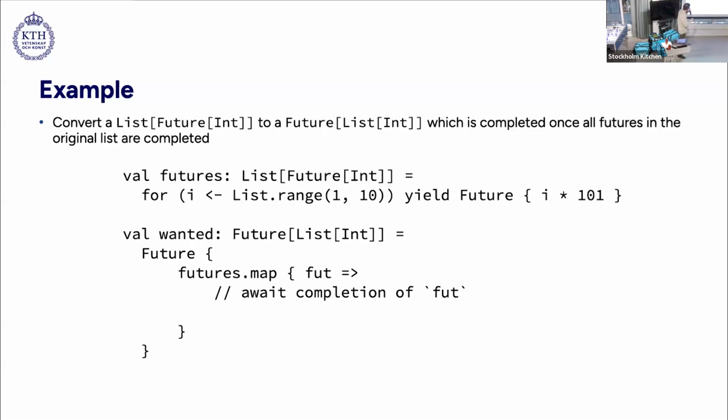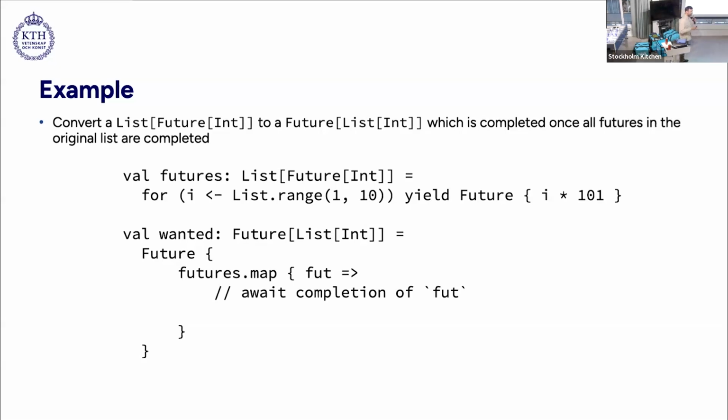our list of futures, right? And for each future in that list, we would like to wait until it's complete and then kind of return the result, right? That would turn a list of futures into a list of ints, right? Because we just convert each future into an integer, right? We just need to figure out how we can await the completion of the future, right?